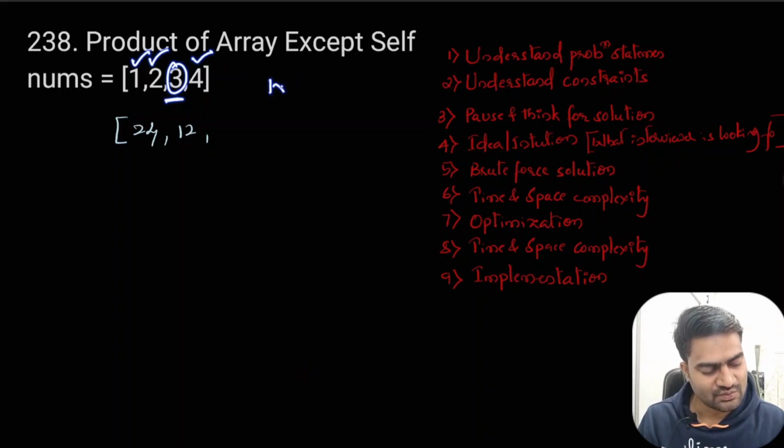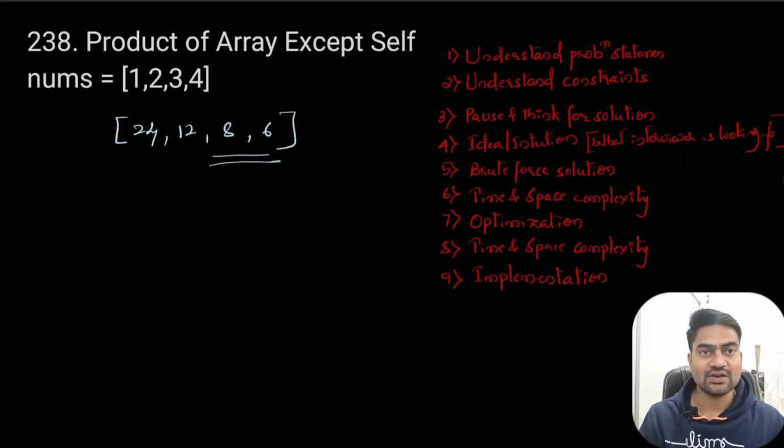So 1 into 2 into 4 will give us 8, correct? Now if you exclude 4, the remaining numbers are 1 into 2 into 3, which is 6. So this is what is expected out of this particular problem.